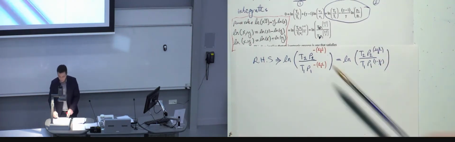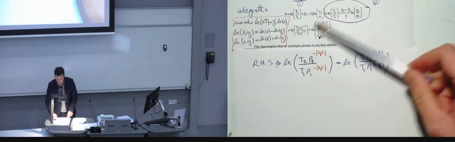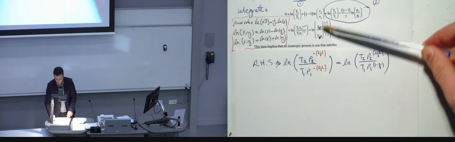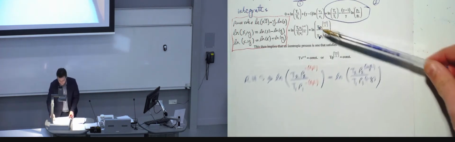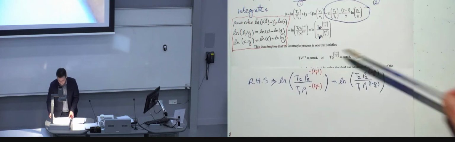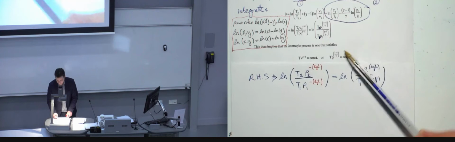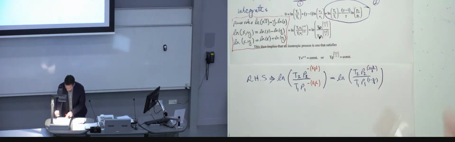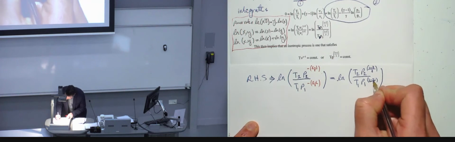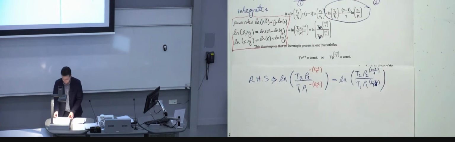The reason why I've played with the power here is because when you've got that sort of combination, T2 with P1, it's not very straightforward to move from that point to this. But once you do that, then it becomes clear why the power here is (1 minus gamma) over gamma. So this is actually, it should be divided by gamma. Okay?